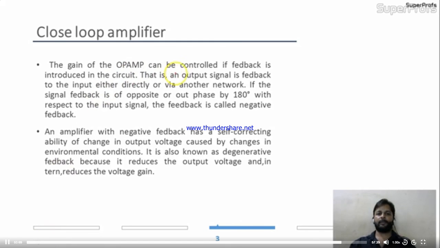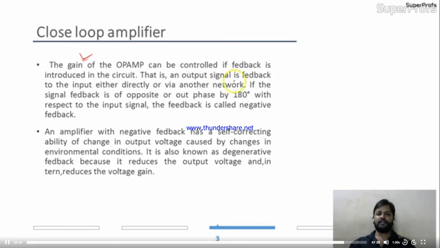The gain of Opamp can be controlled if feedback is introduced in the circuit. Okay. So feedback is mainly to control the gain. Input is fixed. If you want to control the gain of the system, you need to feed it back.